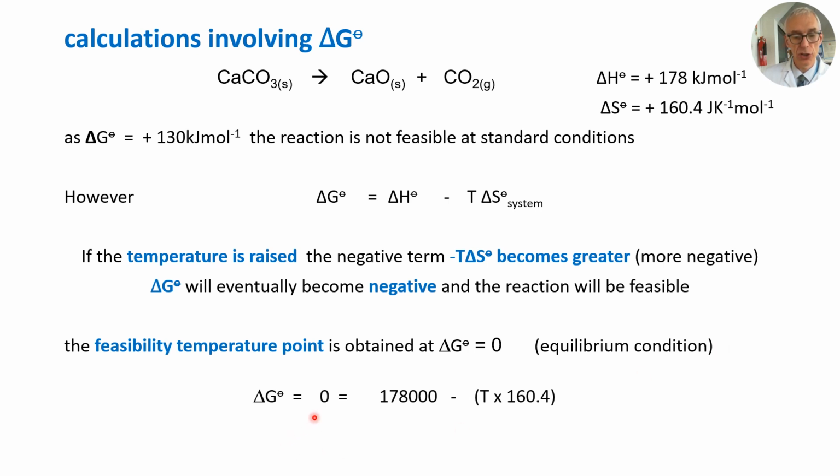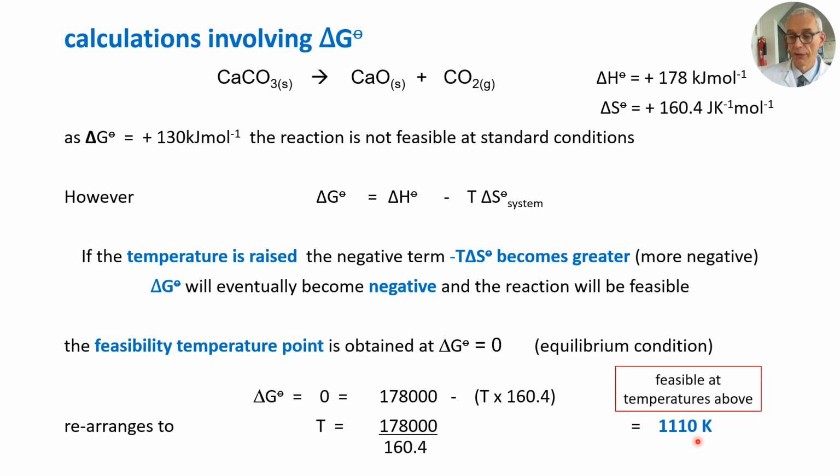So substituting in the value for delta G as 0, having T as the unknown, delta G equals 0 equals 178,000 minus T delta S, which is 160.4. So we can arithmetically solve for the temperature T, and it comes out as 1110 Kelvin.